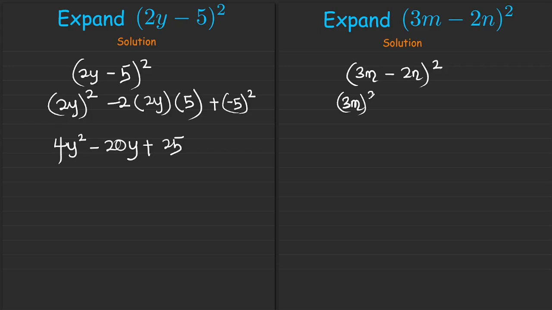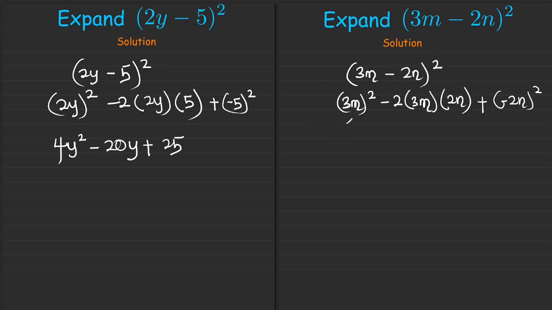Let's square it. Then negative 2 into bracket the first term, which is 3m, and then 2n as well. So this negative is what has come here. And then the negative 2n squared. So that is the second term all squared.